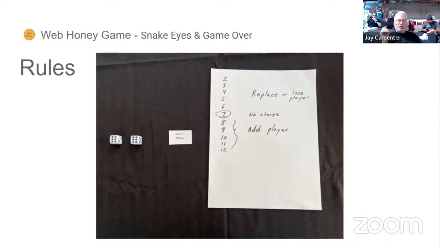But the other thing that the dice will determine is how many blackjack players we will have at the table that are trying to boost the value of the honey token ecosystem. So if we hit a 7, which is the middle point, then there'll be no change in the number of players.